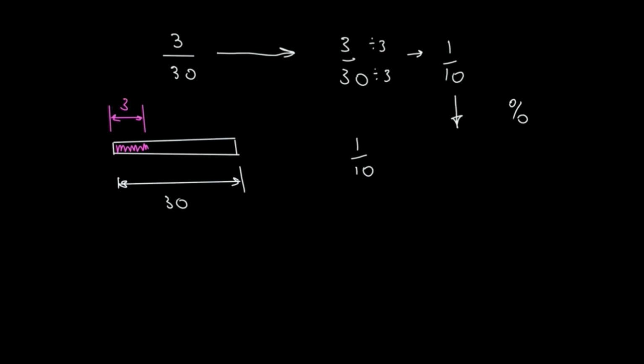That is quite straightforward. In that we just multiply that by 10. Now because I multiplied the bottom by 10, I have to also multiply the top by 10. And that gives me 10 times 1 is 10. 10 times 10 is 100. So this now becomes 10%.